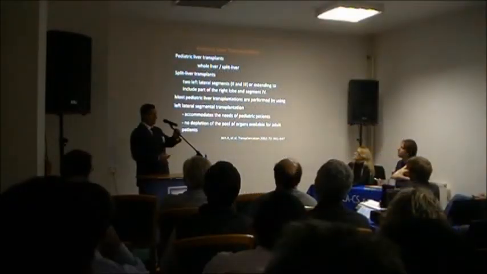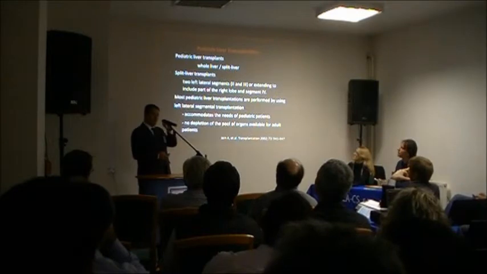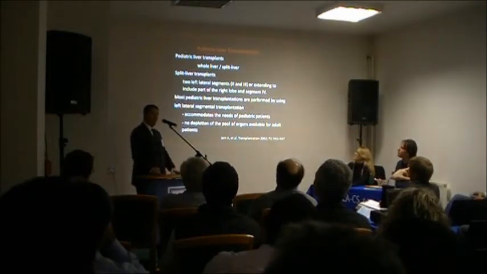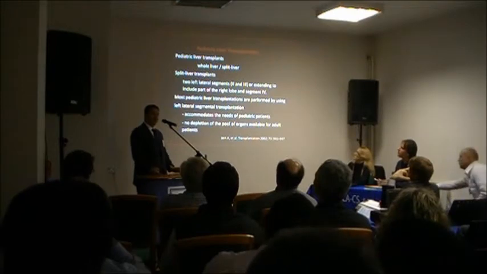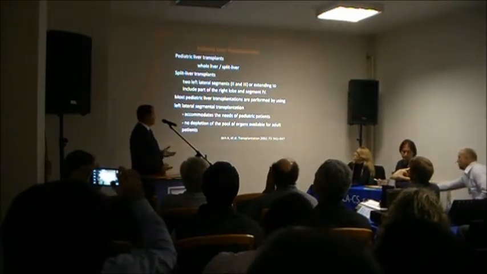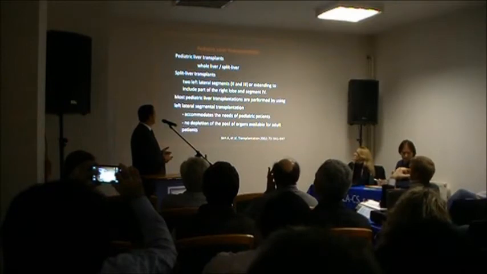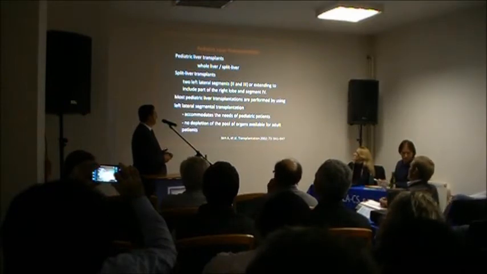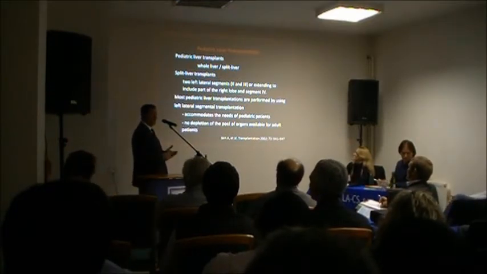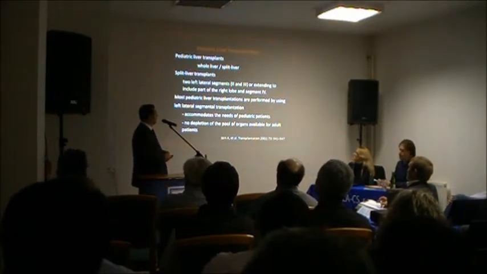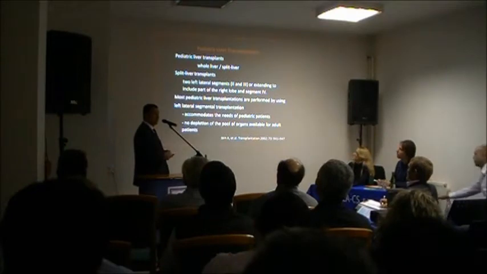So what about pediatric liver transplantation? As you know, this kind of transplantation can be performed with a whole liver implant, or, particularly in children, a split liver. The split liver includes the two lateral segments of the left liver, and sometimes also segment 4 is included in this split liver.